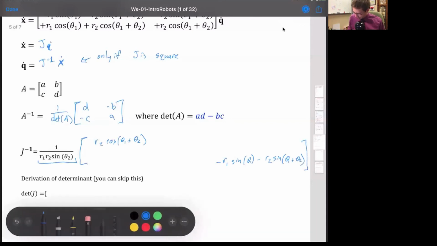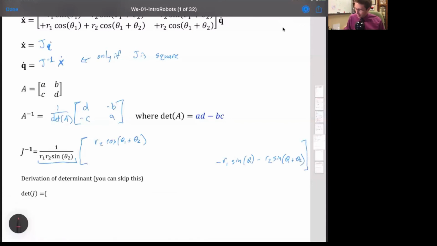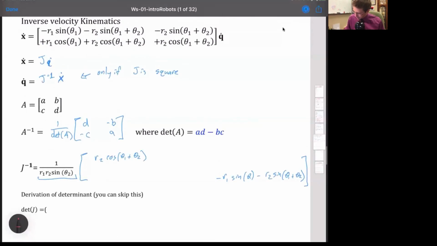And then I'll change my colors because I can. And so then we just do the negation of these. So you can see this is just going to be R2 sine theta 1 plus theta 2. And this term over here will be my long one, which will be minus R1 cosine of theta 1 minus R2 cosine theta 1 plus theta 2.